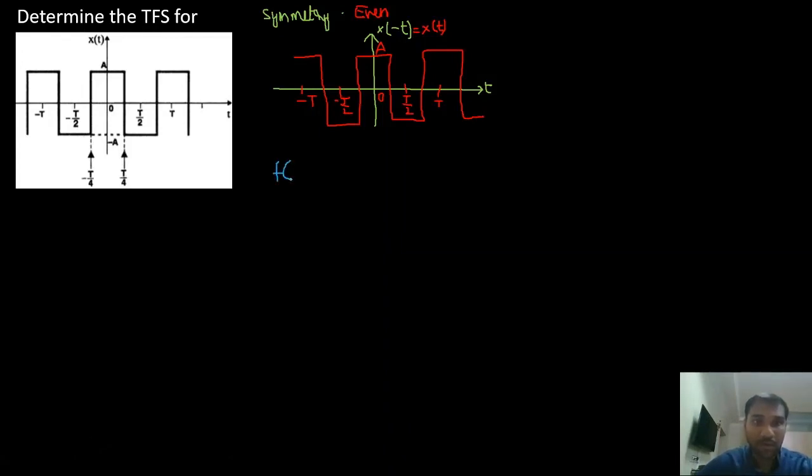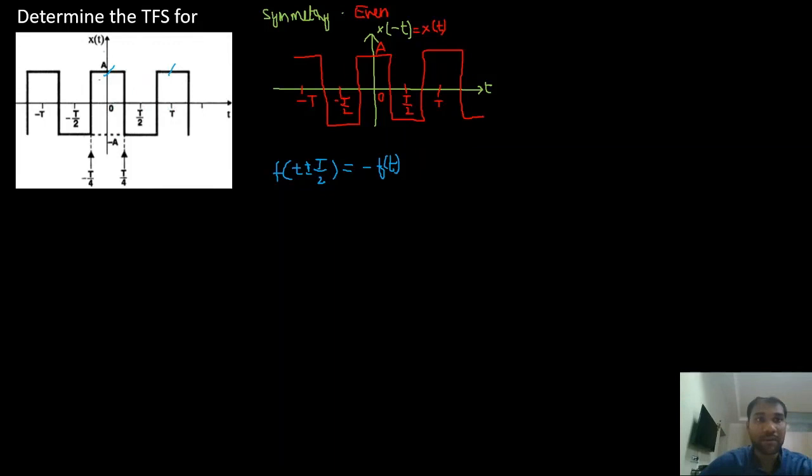F of t plus or minus t by 2, right? It must be equal to negative of f of t. So if I shift my original signal by half of the time period, here the time period is from this point to this point, right? This is the signal that is repeating, so the time period is T.